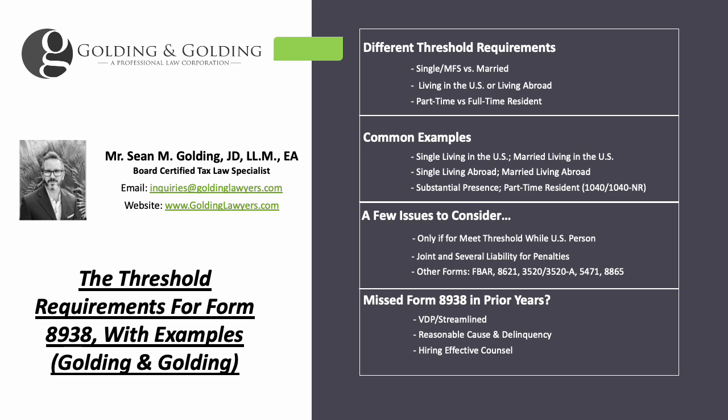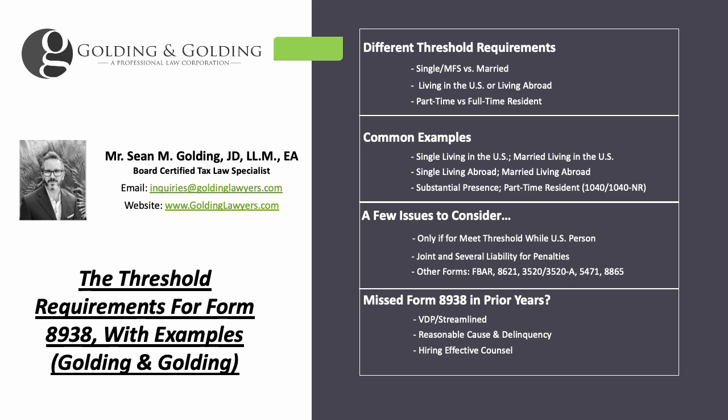The FBAR, foreign bank and financial accounts; the 8621, which is to report foreign PFICs, which is typically going to be mutual funds and ETFs, but not only, also passive holding companies; 3520 and 3520-A is for trusts and receipt of large foreign gifts, inheritances, and trust distributions, trust ownership, as well as foreign trust distributions; 5471 for ownership of a foreign corporation, and 8865 for foreign partnership.